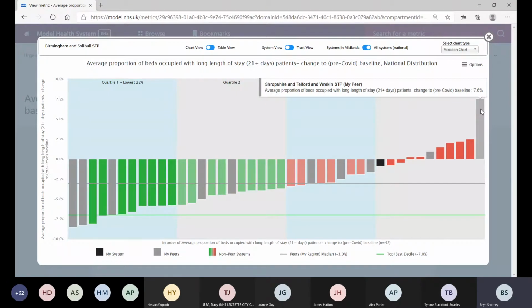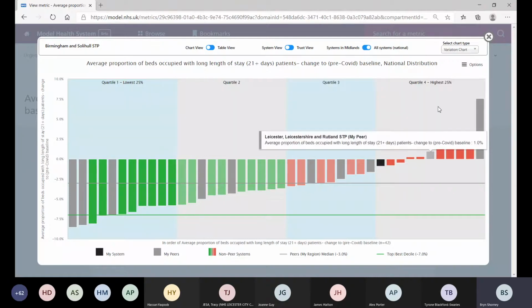One is within region, so just the other STPs within the region, and the other option is a similar STP functionality, which is based on a range of demographic factors such as deprivation, ethnicity, age profile, rurality, etc. That's based on a very similar approach to the similar 10 CCGs that are used in the Rightcare content.